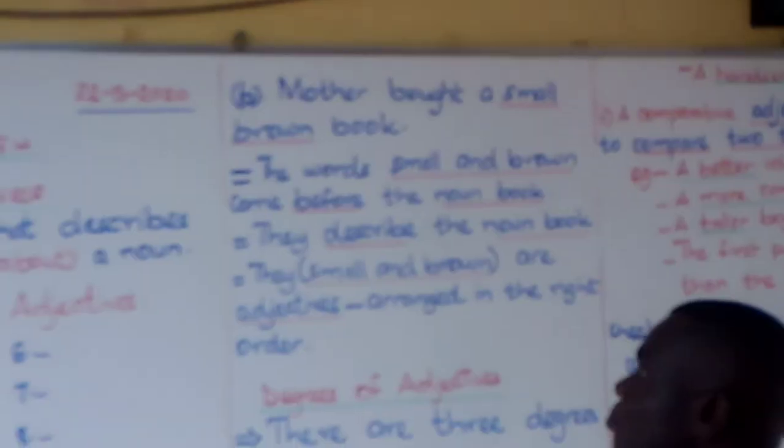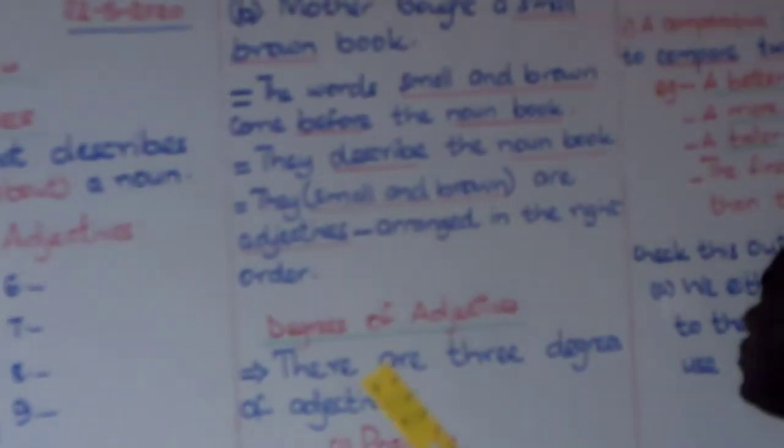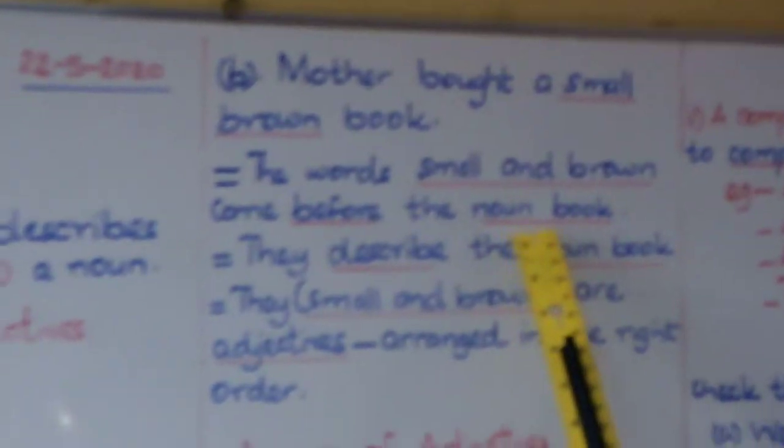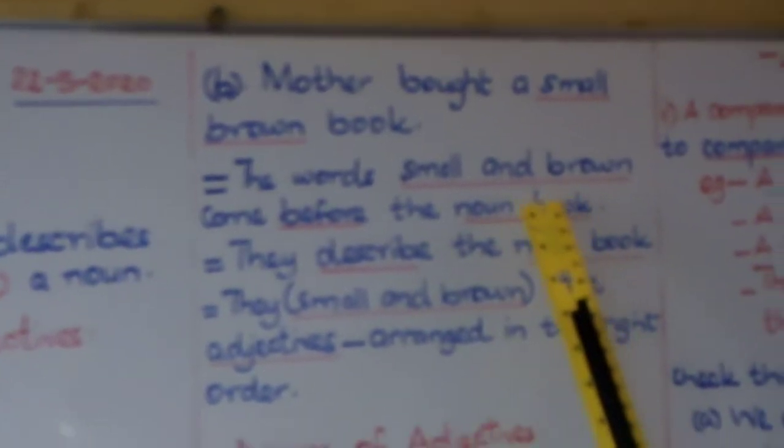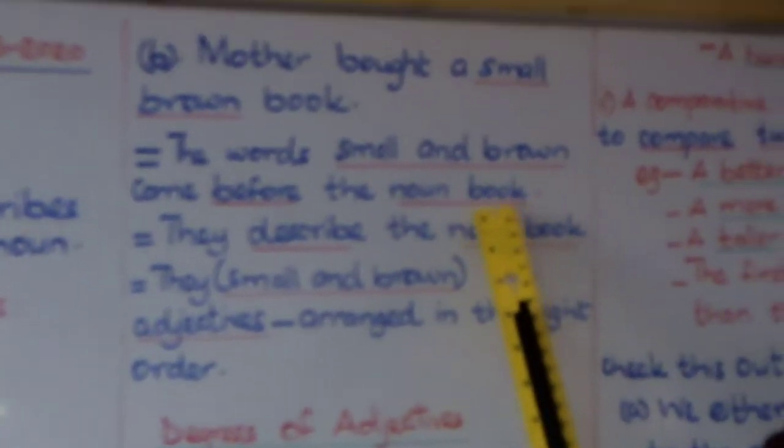B, mother bought a small brown book. And so we have small and brown underlined. The words small and brown come before the noun book. The noun there is book, and the words that come before the noun book are small and brown.